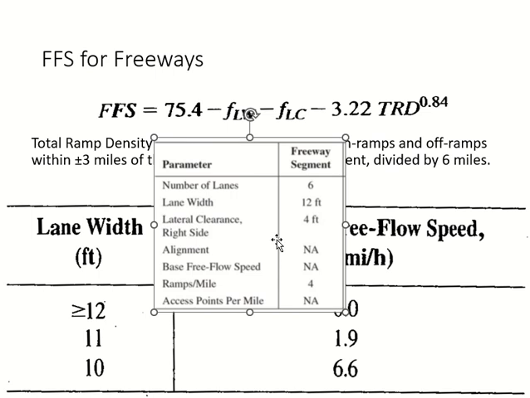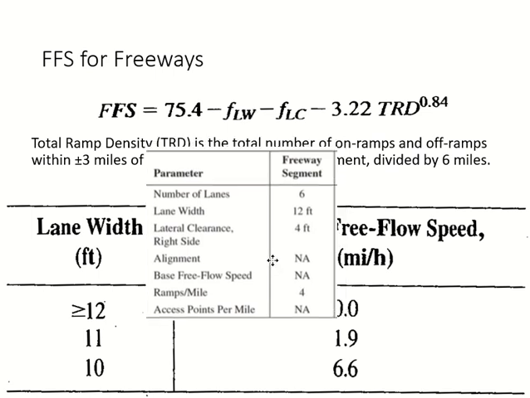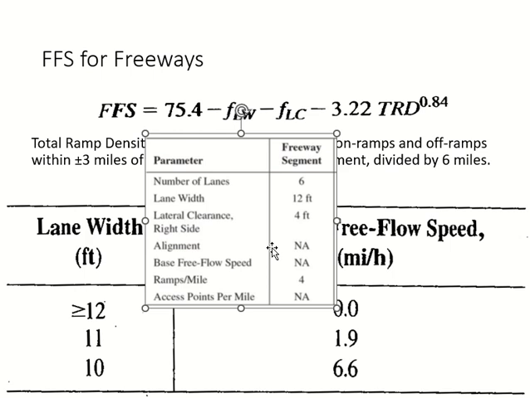If I look at the equation, I need 3 things in the equation. FLW is what? The factor for lane width, and the factor comes from the table which is on the slide here.